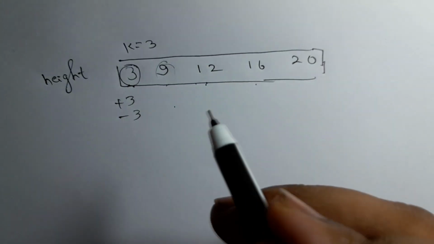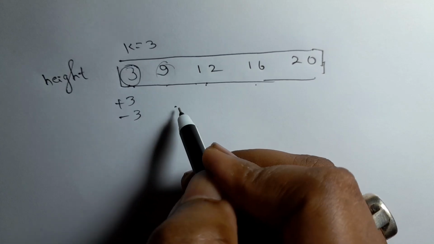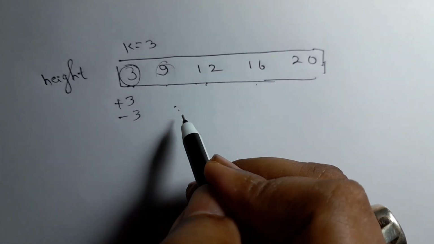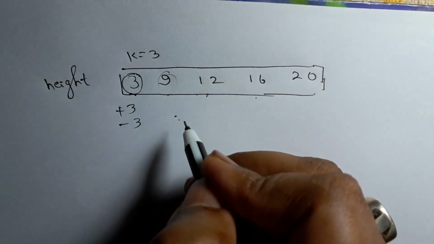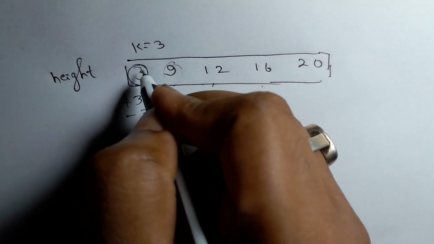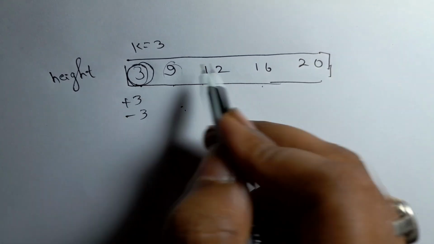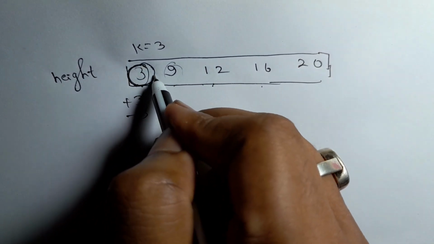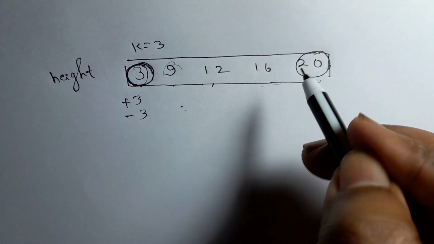So after performing the operations, we have to return the minimum maximum difference. Minimum maximum difference means, suppose the array is this, and the minimum element of this array is 3 and the maximum element of the array is 20.